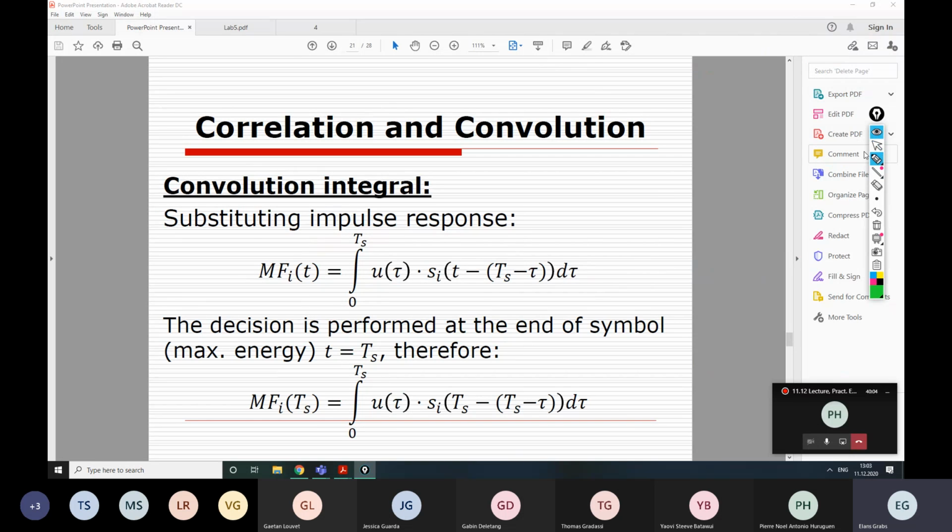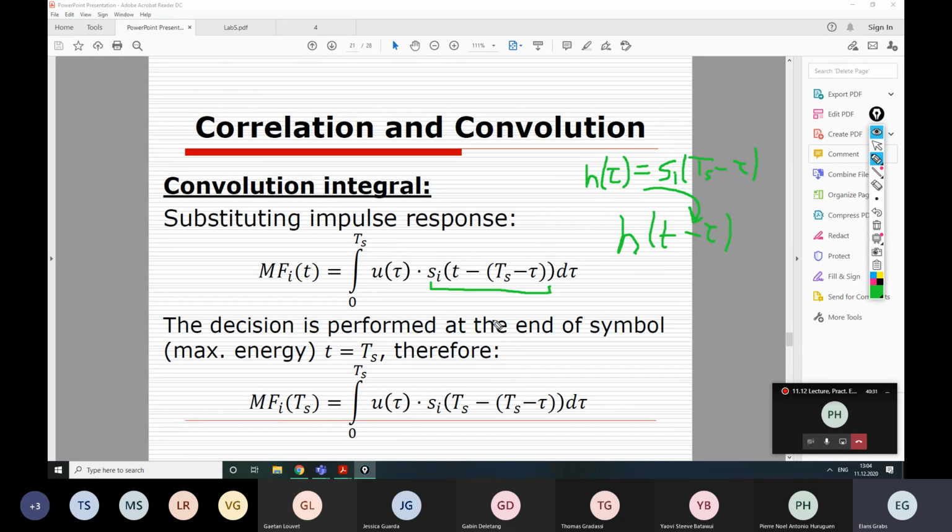So, considering that our h(tau) is actually Si(T symbol minus tau), and substituting it instead of h(t minus tau) here, we would get this.